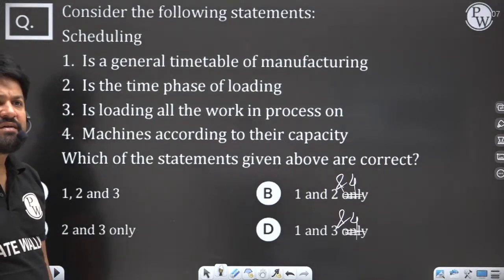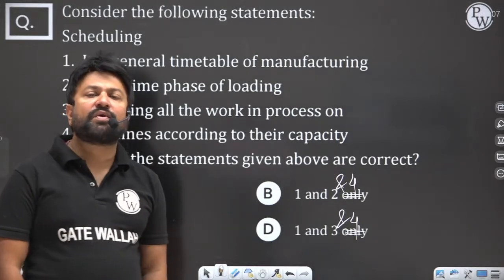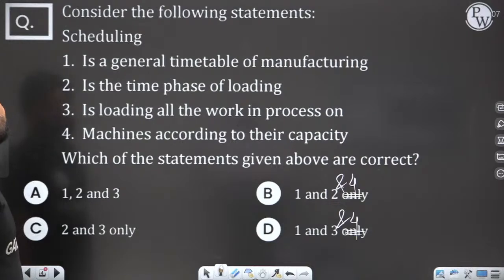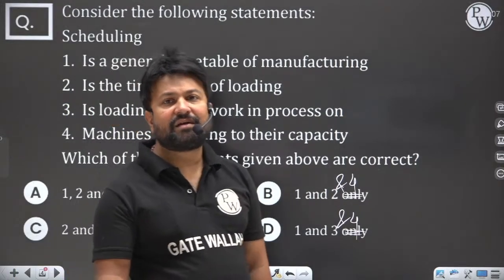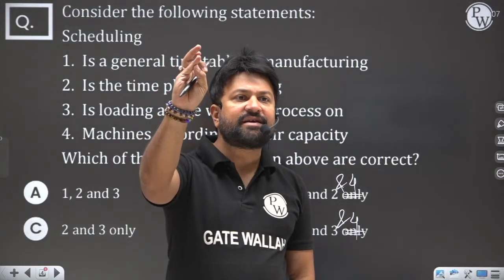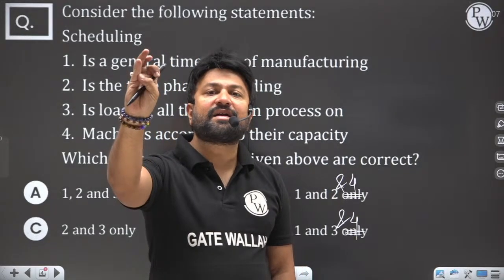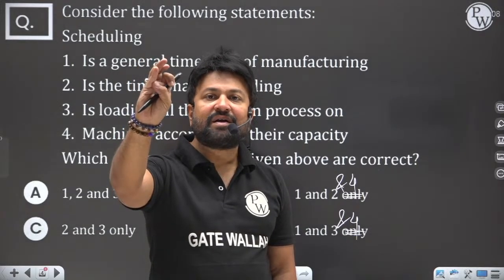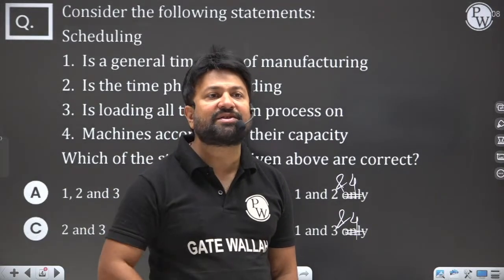Basically in scheduling you are going to arrange the work accordingly. So scheduling is a general timetable. According to SPT, shortest processing time, and CR, critical ratio method, they give the general timetable, yes or no?